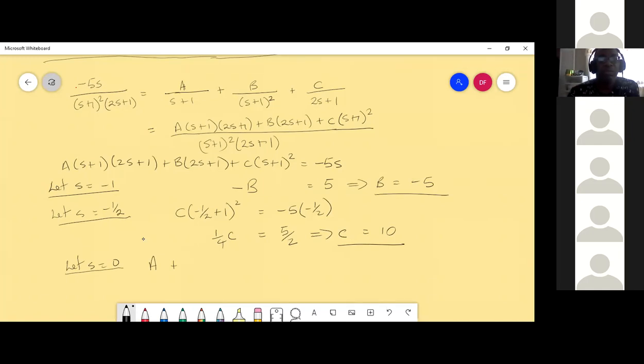You square the negative half, sir, so you get a positive quarter, and the plus one in the bracket. No, it's a half minus a half plus one gives me a half, and then I square it and get a quarter. Oh, yes, sir.